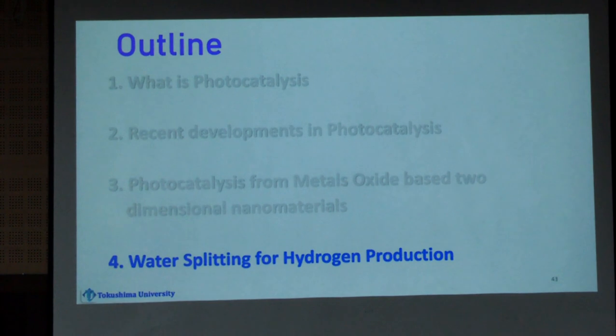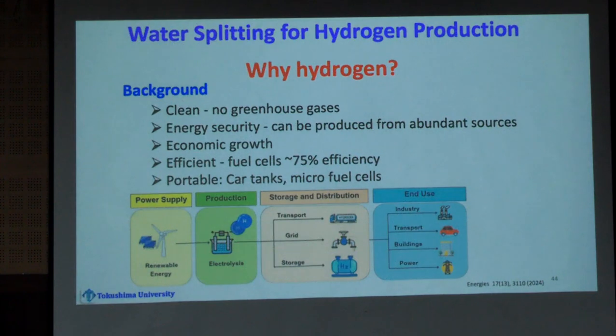Now the last part of today's talk is water splitting for hydrogen production. In the first slide, I explained why we need photocatalysis. Now, why do we need hydrogen production? What is the requirement? Why do we want to do research in the field of hydrogen production?